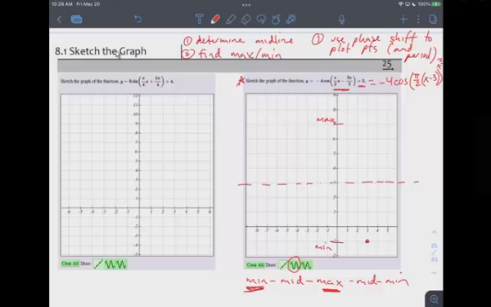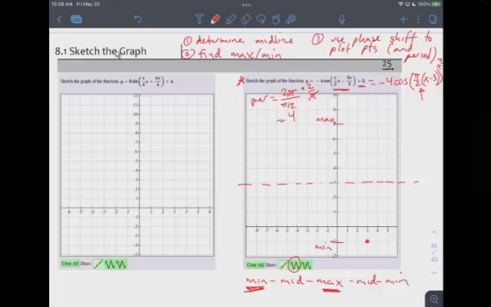If I take the period, it is equal to 2 pi divided by my b value. Well, my b value was this multiplier, the coefficient in front of the x, so pi over 2. And dividing by pi over 2 is like multiplying by the reciprocal, 2 over pi. So the pi's cancel. 2 times 2 gives you 4. So that means that this graph is going to repeat every 4 units.